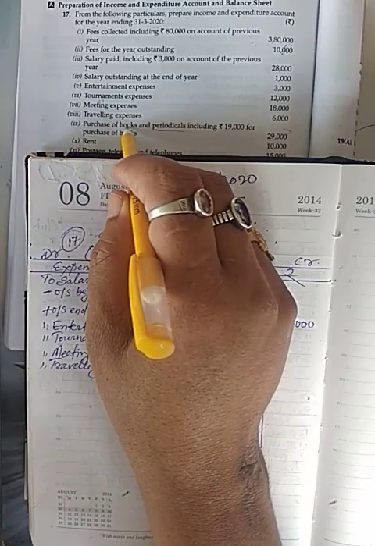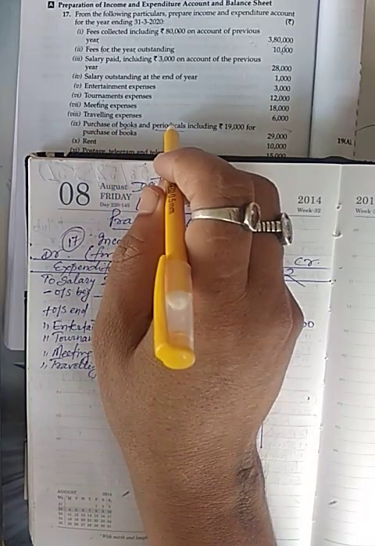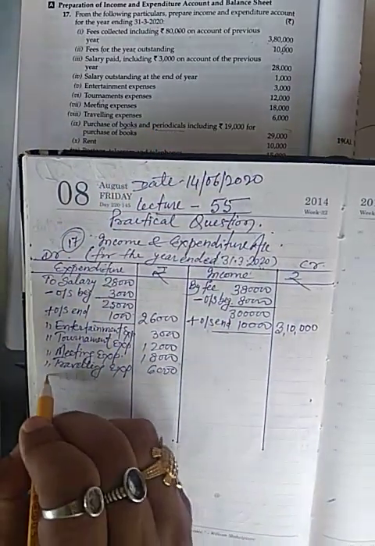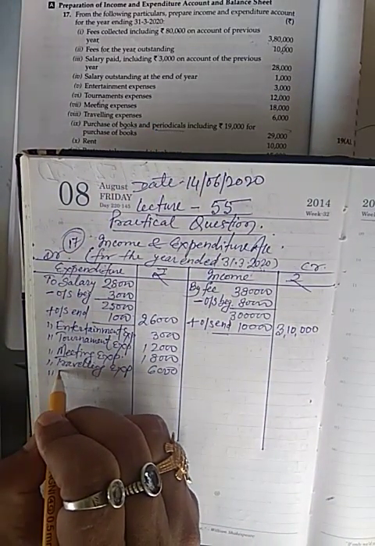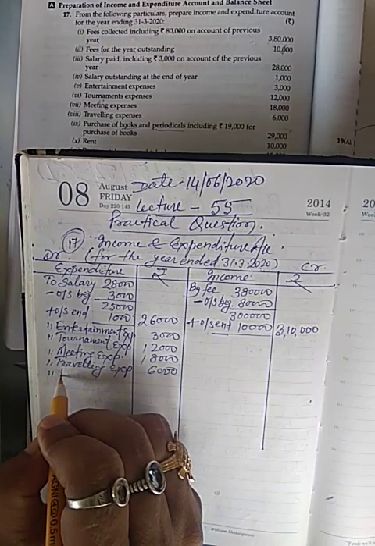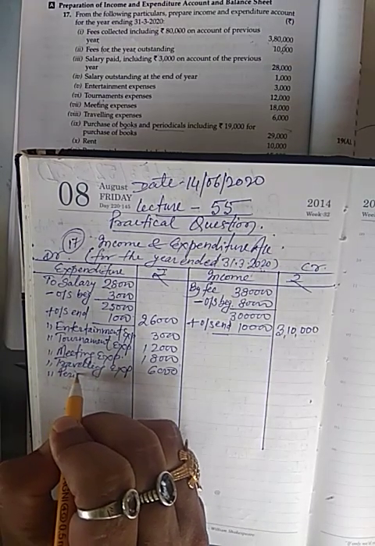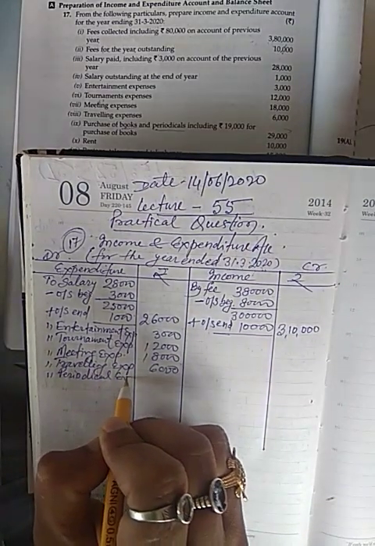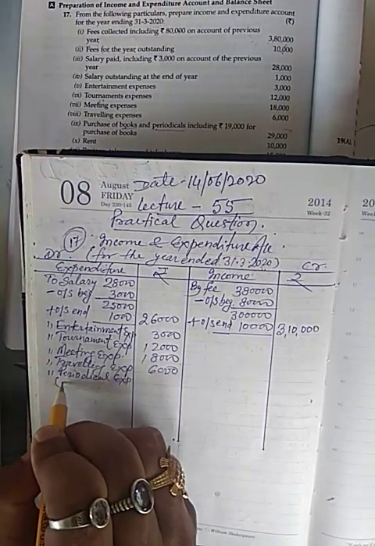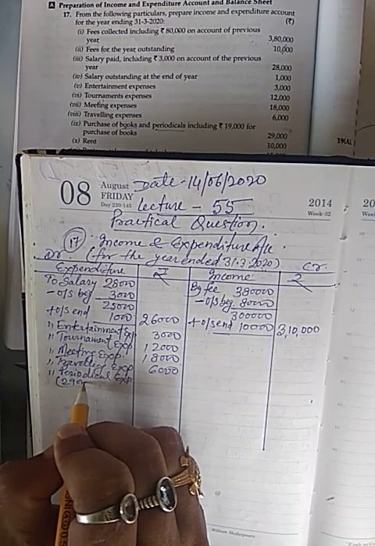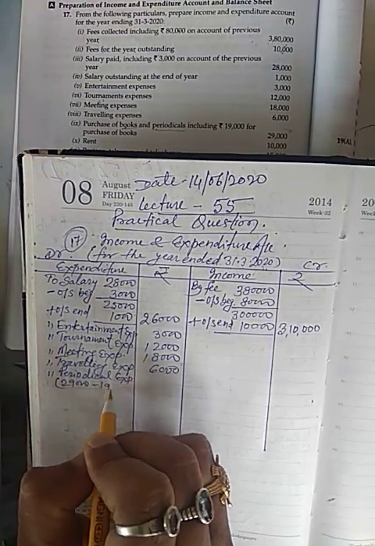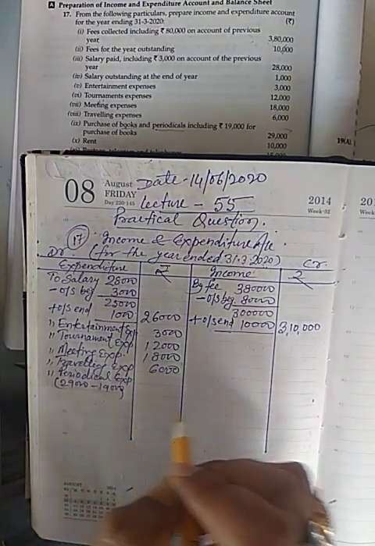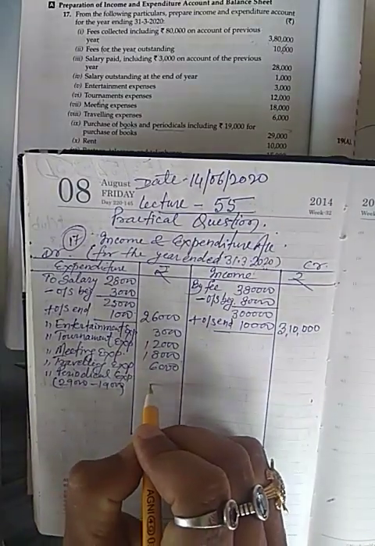So when we purchase books, it will be an asset. So I will write periodical expenses. It will be 29,000 minus 19,000, and I will write 10,000.